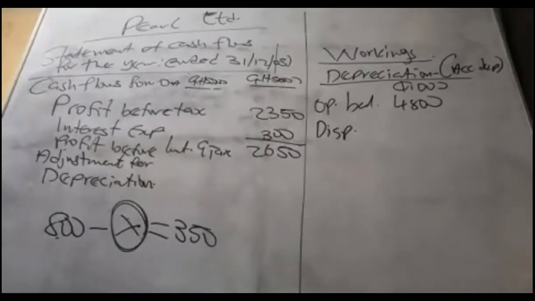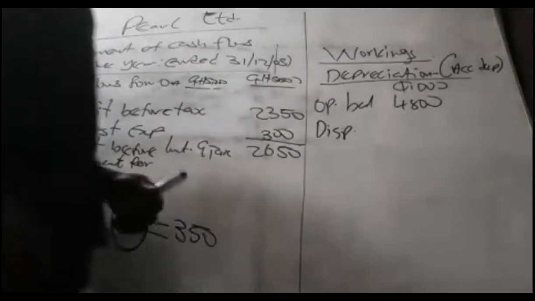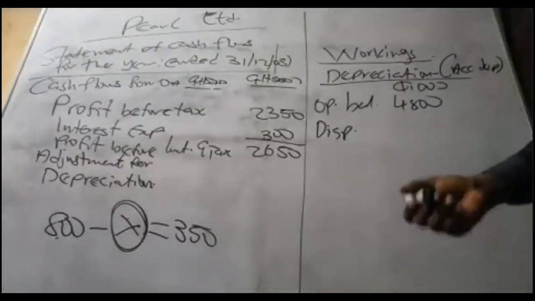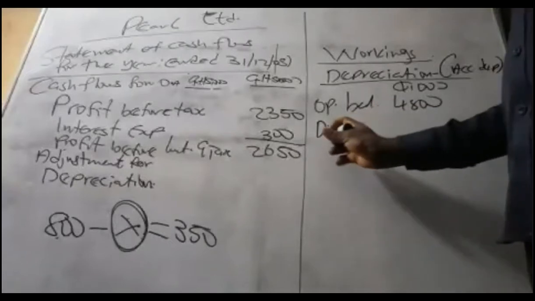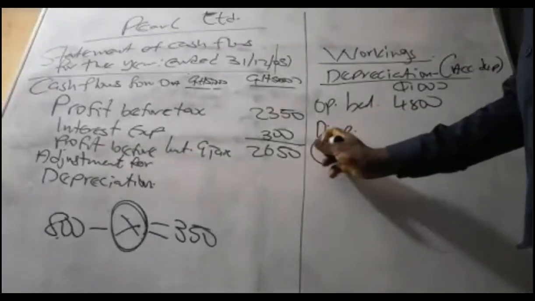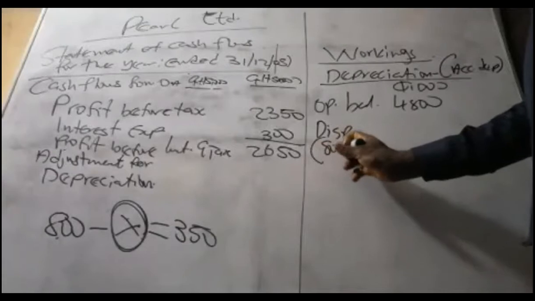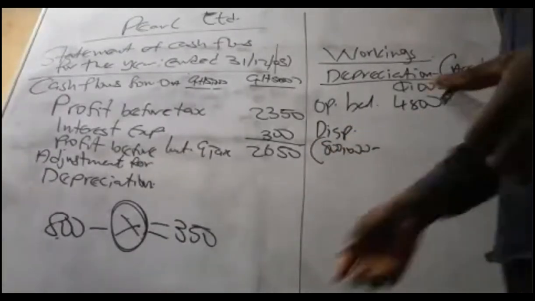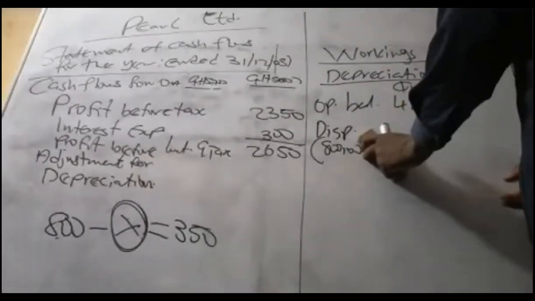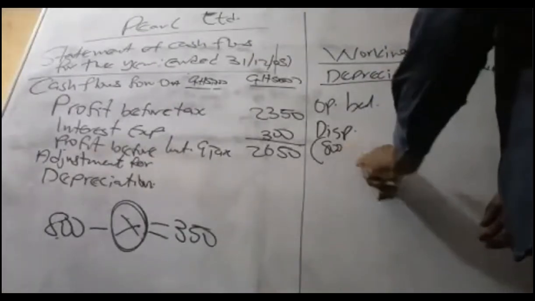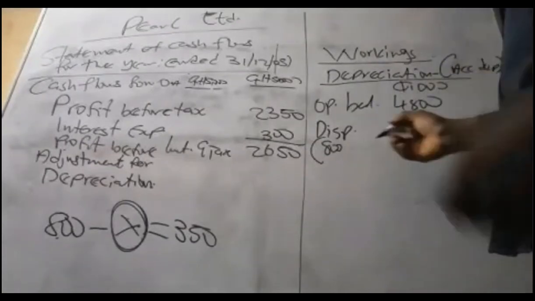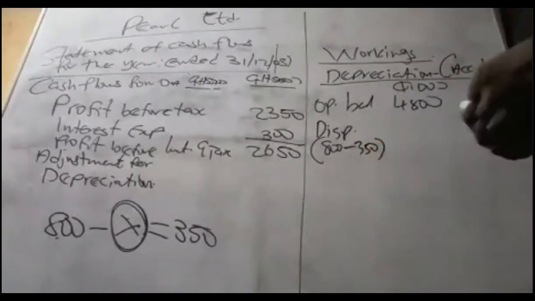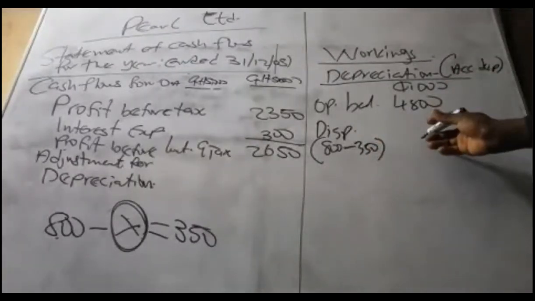That will give us the accumulated depreciation of the disposed assets. I'll tell the examiner that it's the 800,000 minus the 350, so that we get 450.